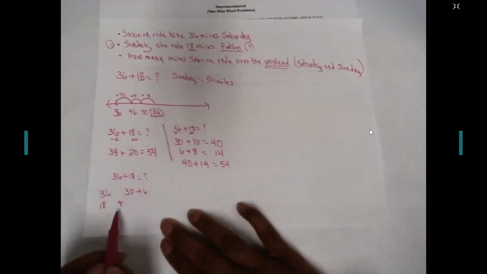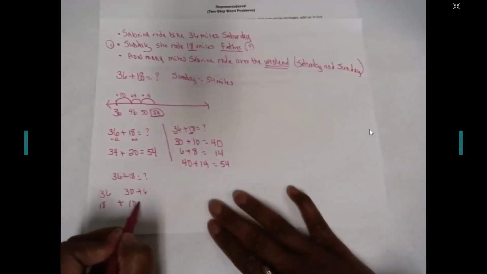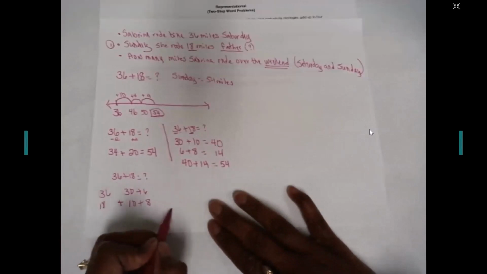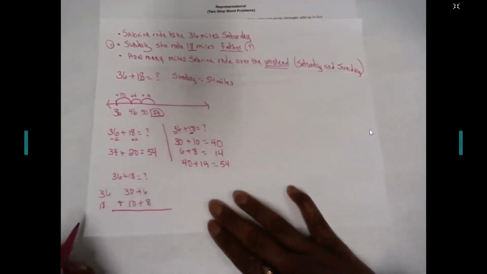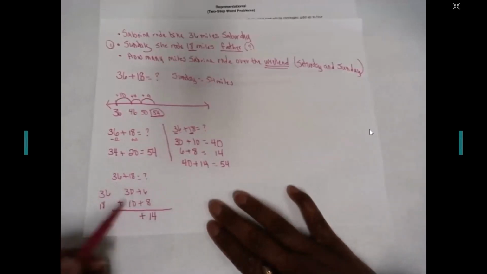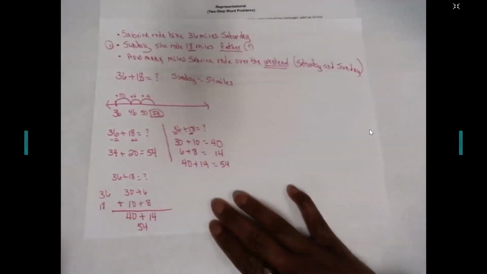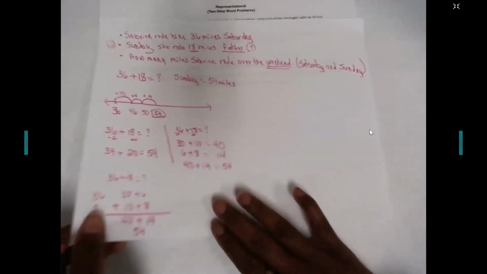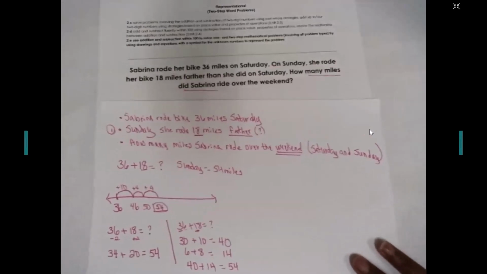This is the number that represents your 18: 10 plus 8. And then you may see them add this way. 6 plus 8 is 14, plus 30 plus 10 is 40. And we know that answer is 54 as well. And that's all of the strategies that you may see just from that first step. Because remember, going back to the problem, we want to keep them aware of what's happening.